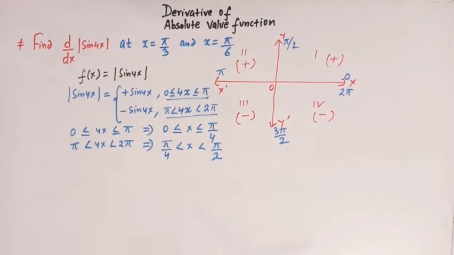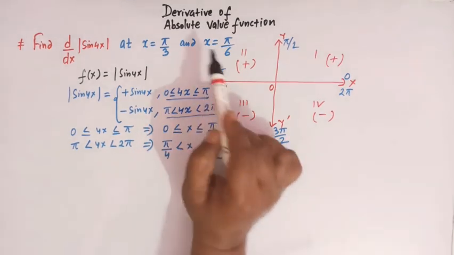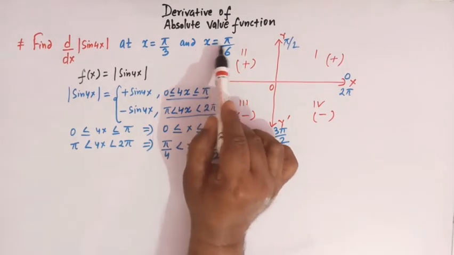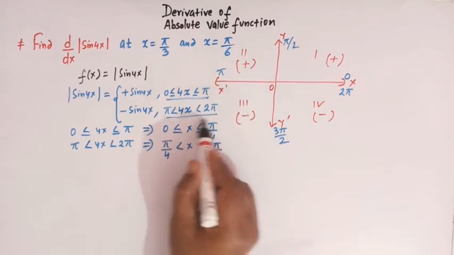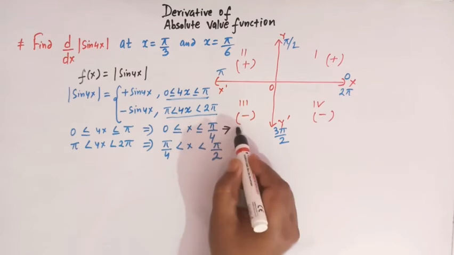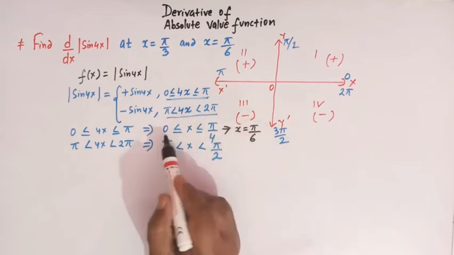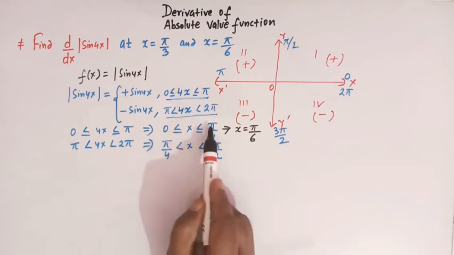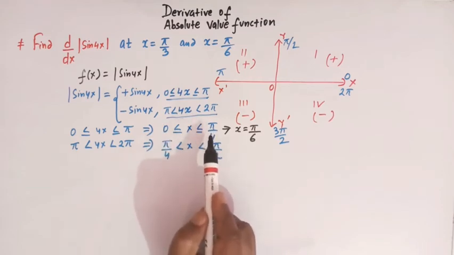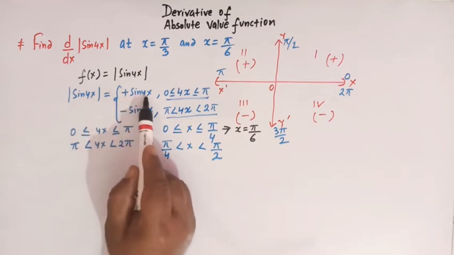So now viewers, we conclude that x is equal to pi by 6, which is 30 degrees, lies in this interval. So when x is pi by 6, this value lies between 0 and pi by 4, and in that case mod of sin 4x is plus sin 4x.